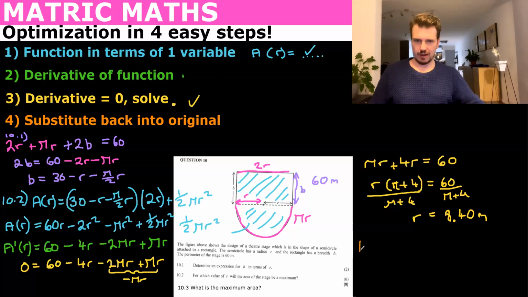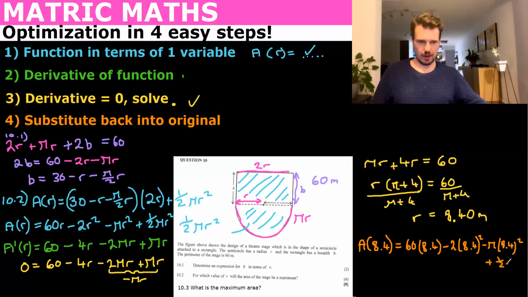So we'll say area, when we put in 8.4 as our r, equals 60 times 8.4 minus 2 times 8.4 squared minus pi times 8.4 squared plus a half pi times 8.4 squared.